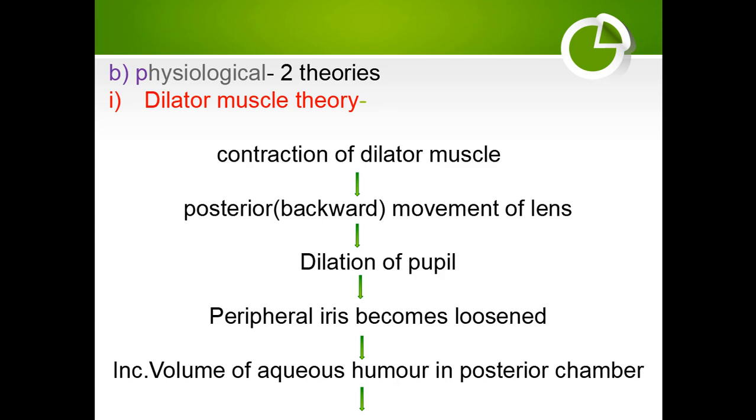So what are the physiological reasons? There are two theories behind the physiological reasons. One is the dilator muscle theory. Contraction of the dilator muscle leads to posterior or backward movement of the lens. This leads to dilation of the pupil, which leads to the peripheral iris becoming loosened, and it leads to increased volume of aqueous humor in the posterior chamber.